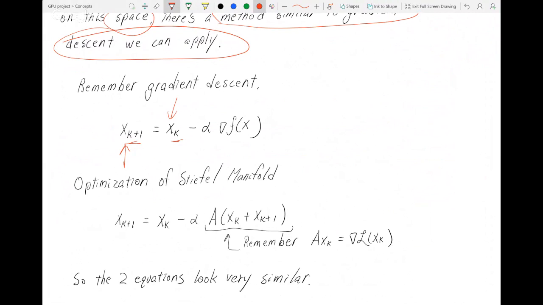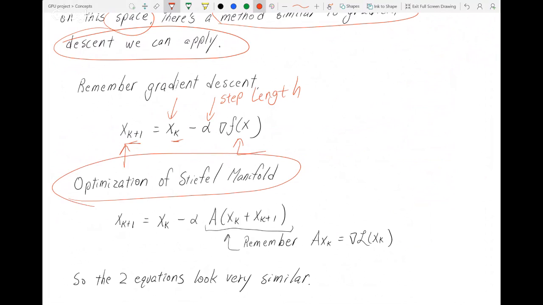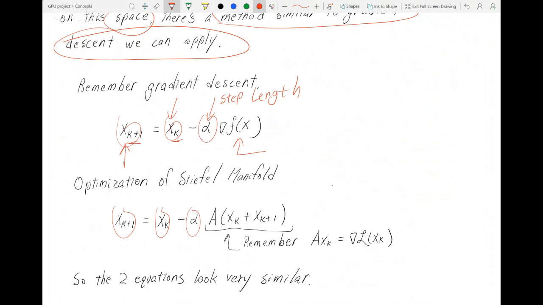You do an update by subtracting the step length and the gradient. Now, when we are optimizing on this manifold, notice how everything is the same except this part here.